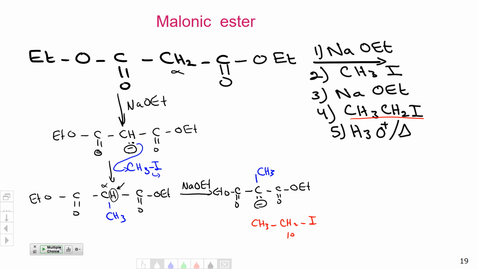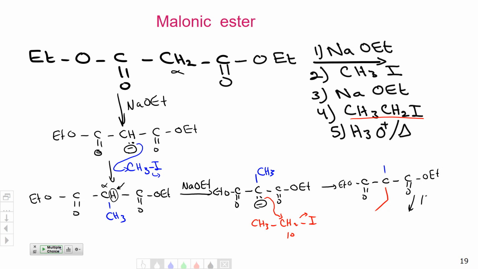It's a primary, not tertiary, not phenyl, not vinyl, so that would substitute it. So in here we added two substituents to the alpha carbon, the methyl and the ethyl. And I'm keeping the color coding so that you can see where each is coming from.